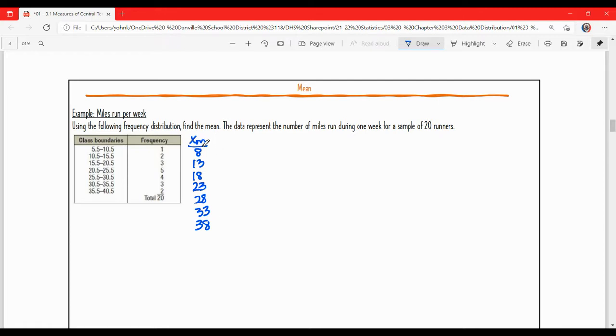Then our next column is we're going to find all the frequencies times the midpoints. We're going to take each of the frequencies, that's this F column.